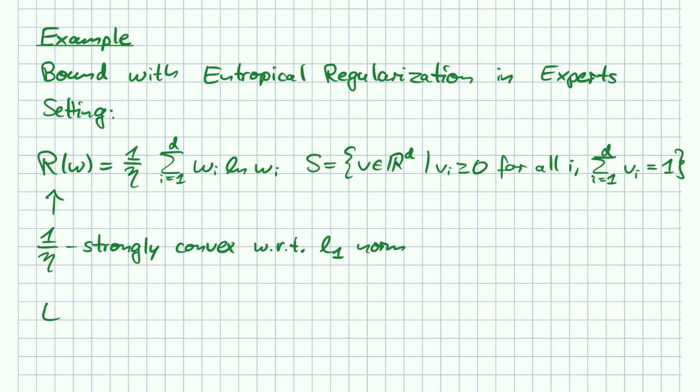We can set L equal to rho for the L1 norm, and we would have that the regularizer is now somewhere between minus ln(d) over eta and 0.